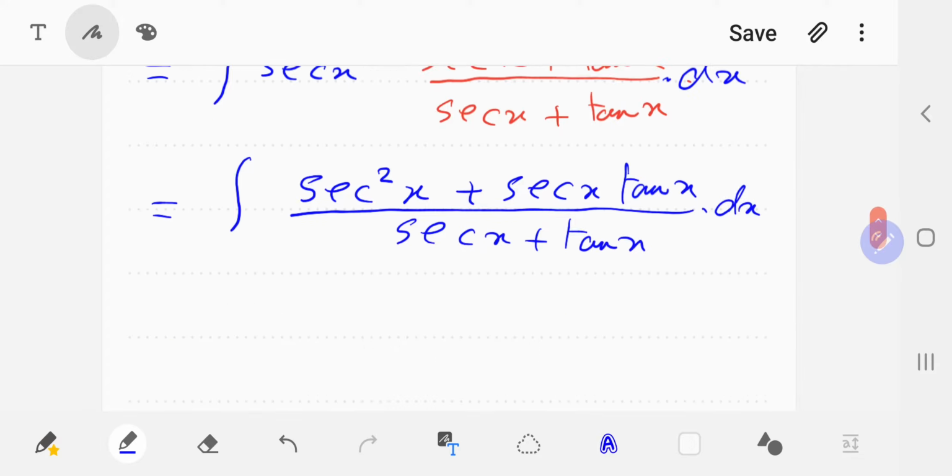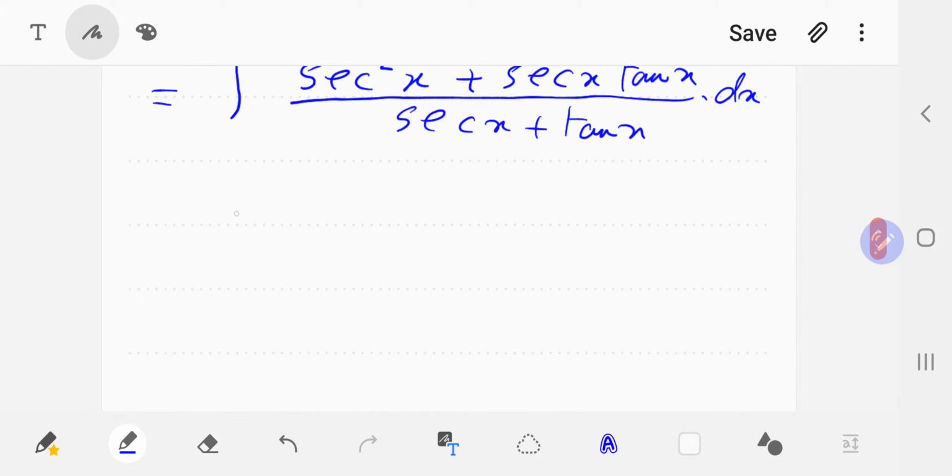Now, it's a rational function. Look at the denominator here. If you choose it as u, what is u? Secant plus tan. What's the derivative of secant plus tan? Derivative of secant is secant tan, and derivative of tan is secant squared, which is actually what we have in the numerator.